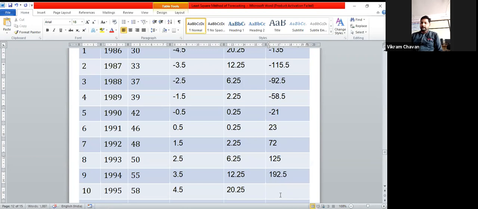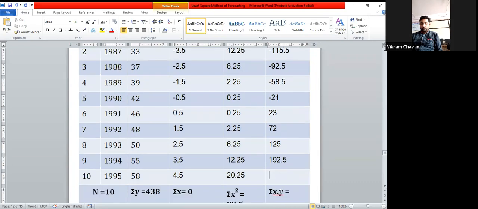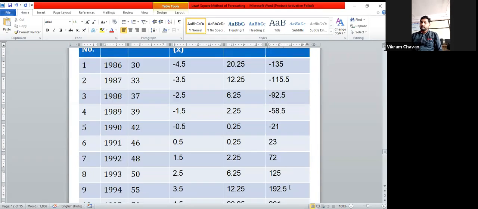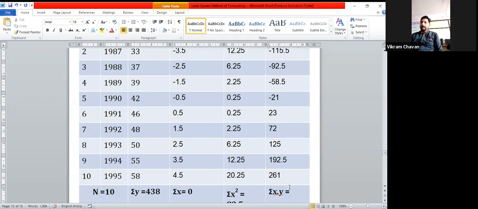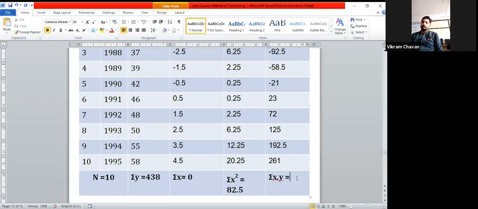And 58 multiplied by 4.5, it is 261. So in this fashion, you have to write all the multiplications, and at the bottom, you have to perform the addition of all the multiplications. So kindly tell me the summation of x multiplied by y.